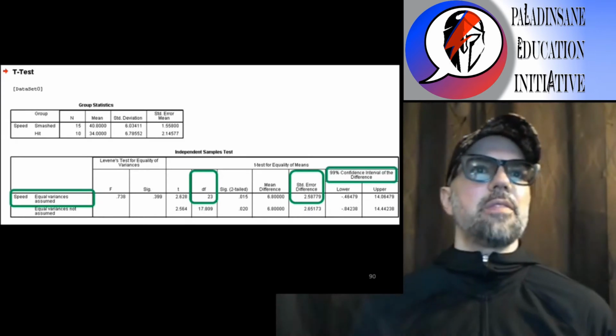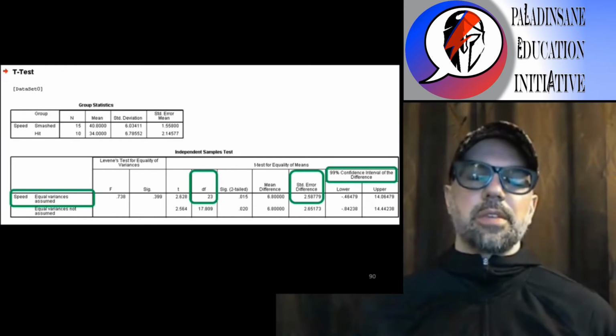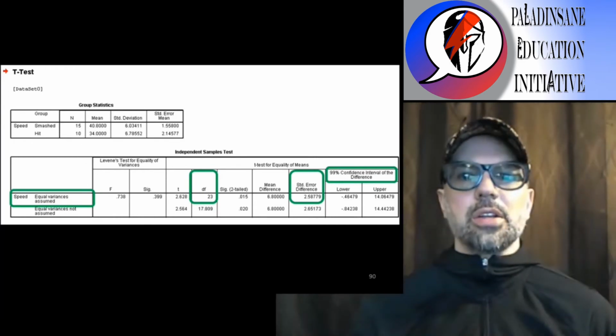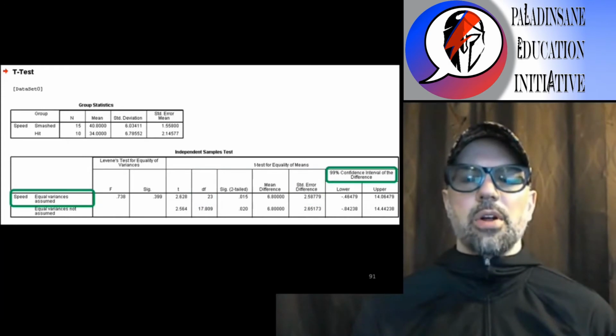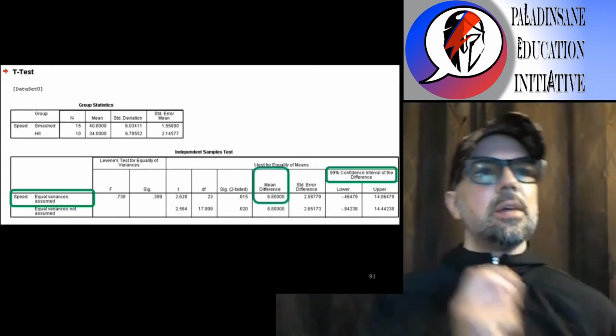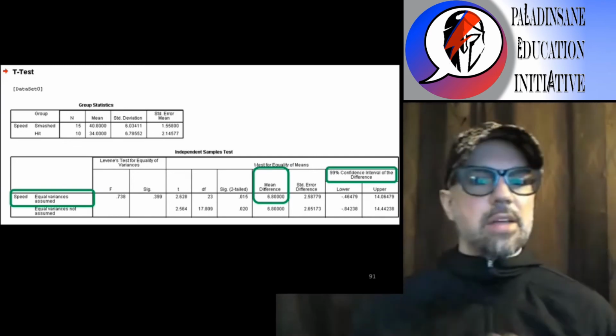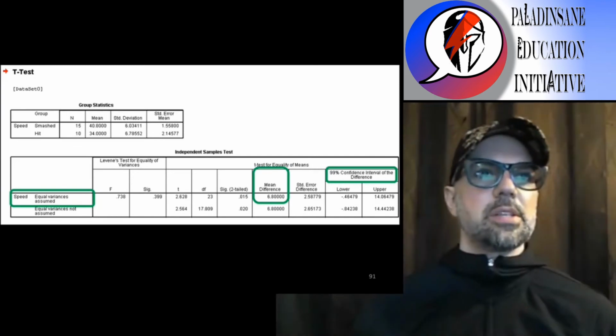So here we have the 99% confidence interval of the difference. So we're doing the 99% one here. And notice once again that we have our point estimate. So the point estimate is the mean difference. So again, make a note of that so you know where to find it. Point estimate is the mean difference.